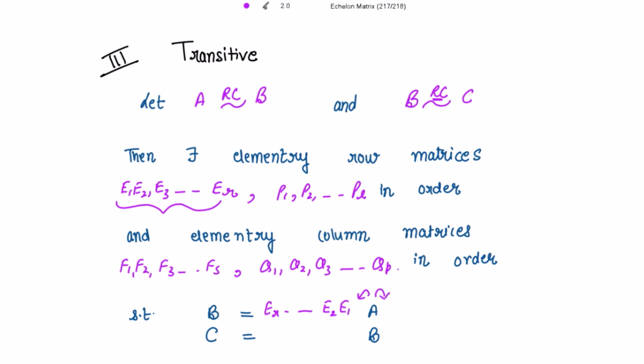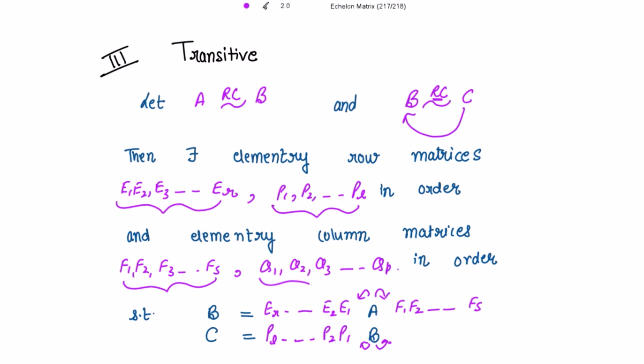And post-multiply the product of the column matrices. So you have to start with the product F1, F2 up to Fs. Similarly, because C is obtained from B by applying the row column operations, C is equal to, pre-multiply B with the row matrices for B. So this is, start from Pl up to P2, P1, this product, and post-multiply with the product of the column matrices, and you have to start from Q1, Q2 up to Qp.